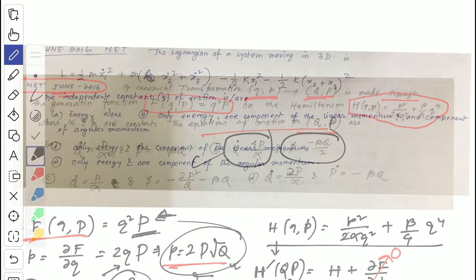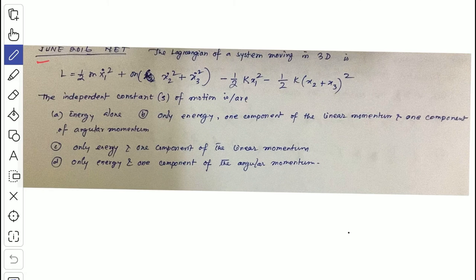So hope you have understood this. Now this is our next question, June 2016 NET. Here we need to find the correct option, the independent constants in this motion. Here the Lagrangian is given.